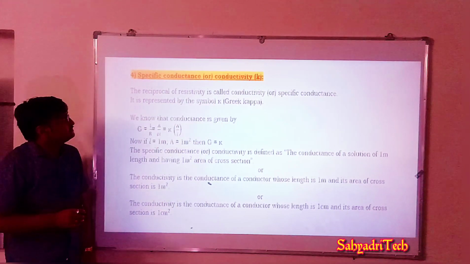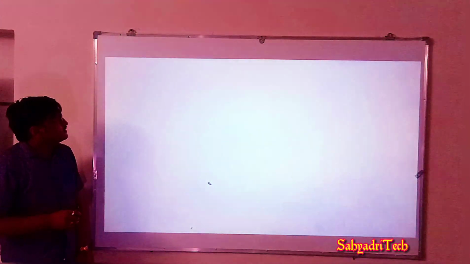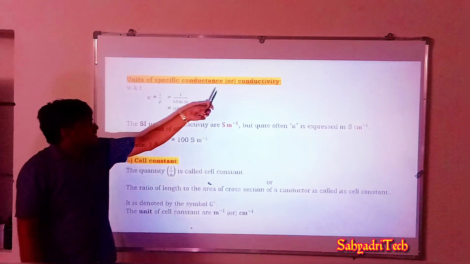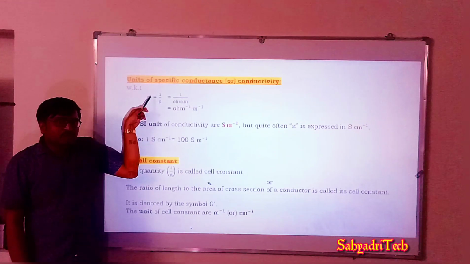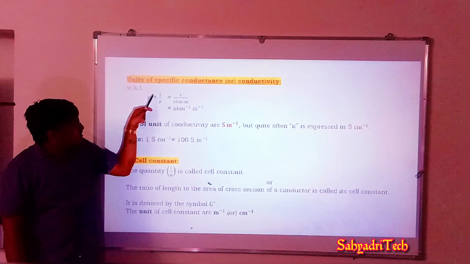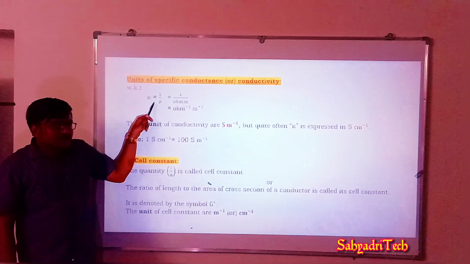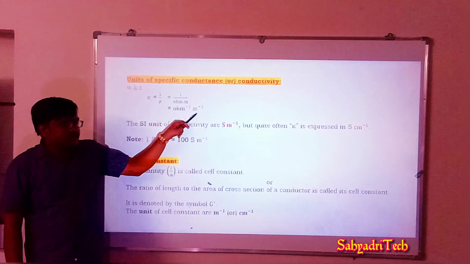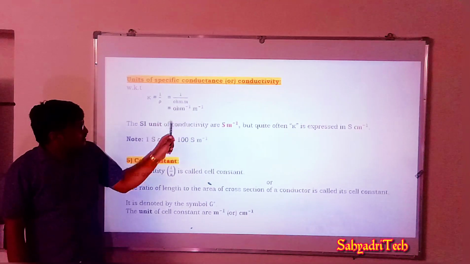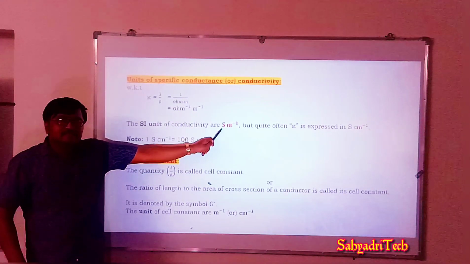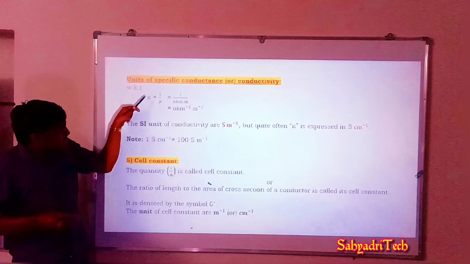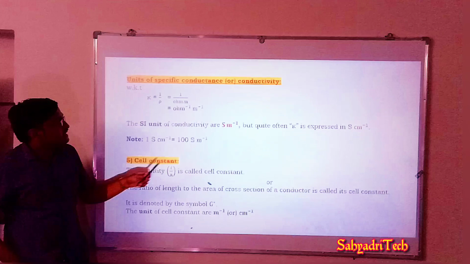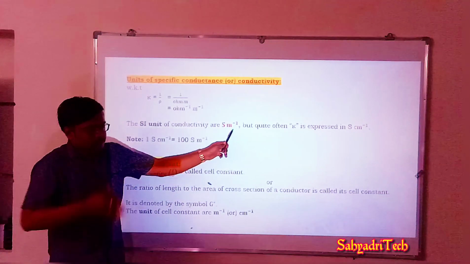Well, now coming to the unit of specific conductance or conductivity, as we said, it is the reciprocal of resistivity. So kappa is equal to 1 by rho. What is the unit for rho? Ohm meter. So kappa is per ohm per meter. Per ohm, according to the SI system, is represented as Siemens. So the SI unit for specific conductance or conductivity is Siemens per meter.